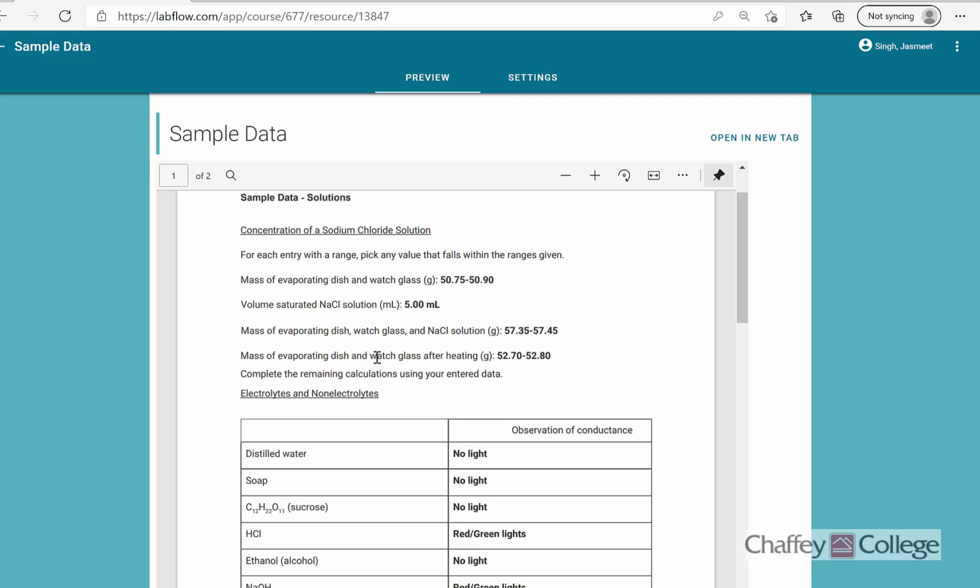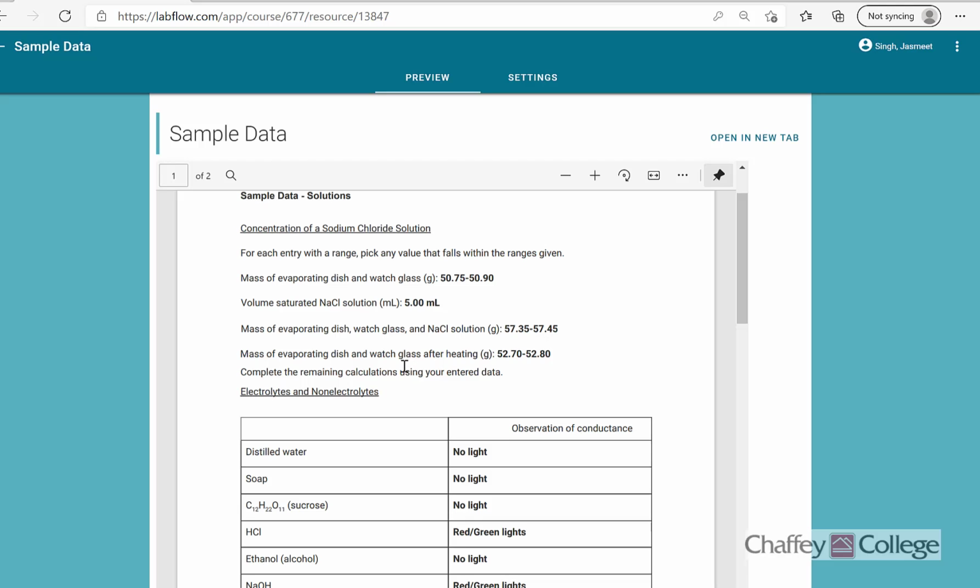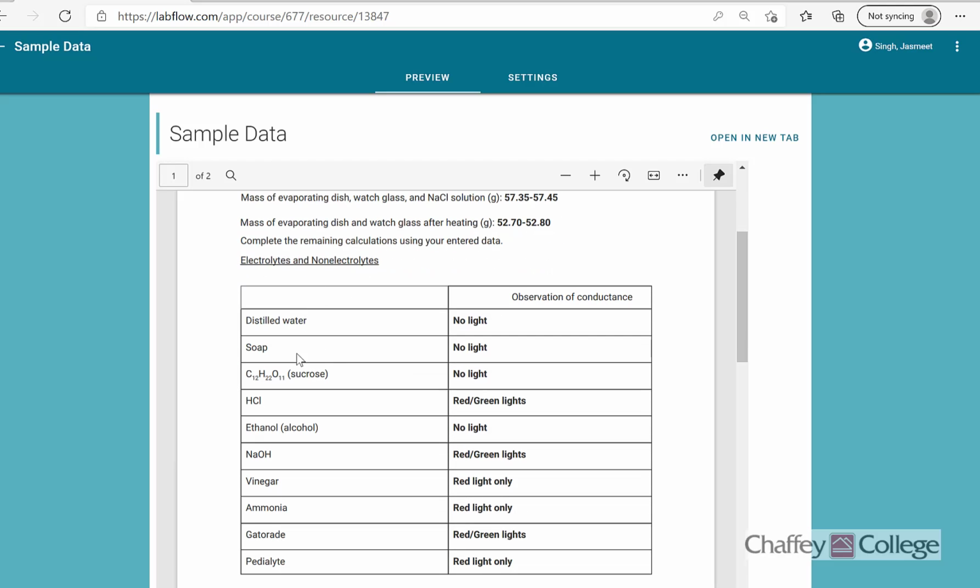After evaporation, the mass of the dish and the powder is any number within this range. From these numbers, we can calculate the mass over mass percent and the molarity, as I explained earlier.